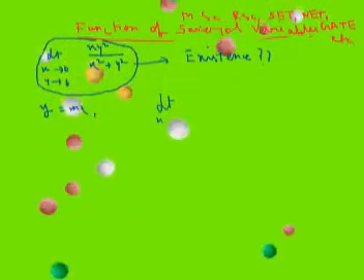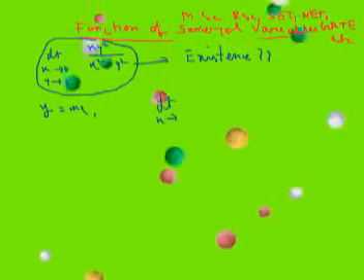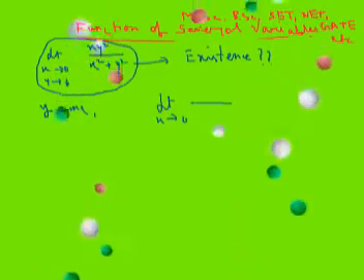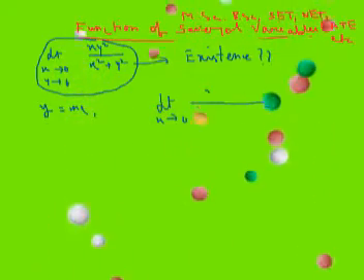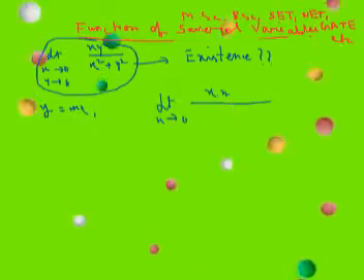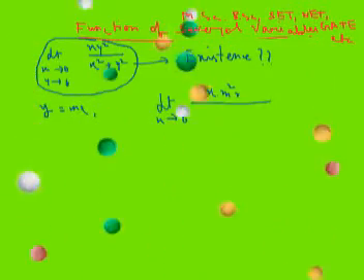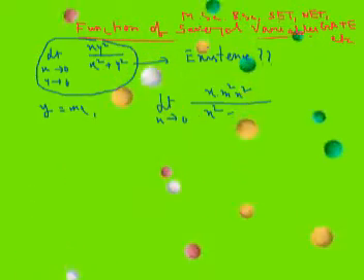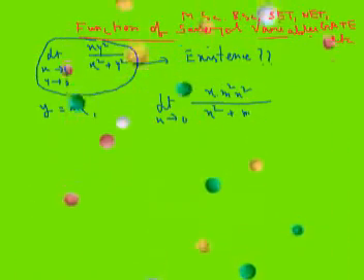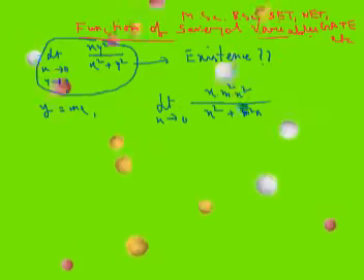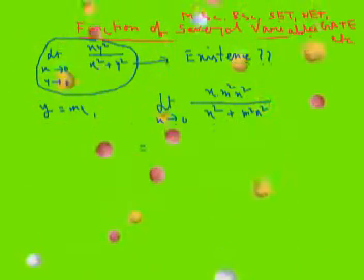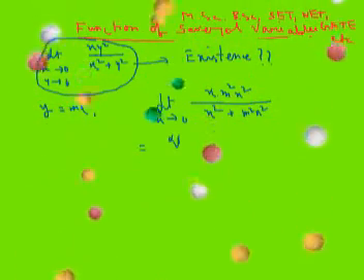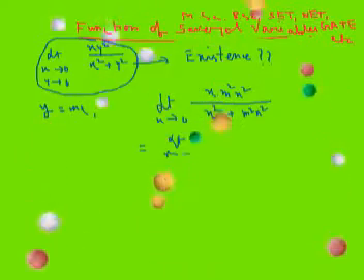Then it will be x tends to 0, and the limit will be m square x cube over x square plus m square x square.